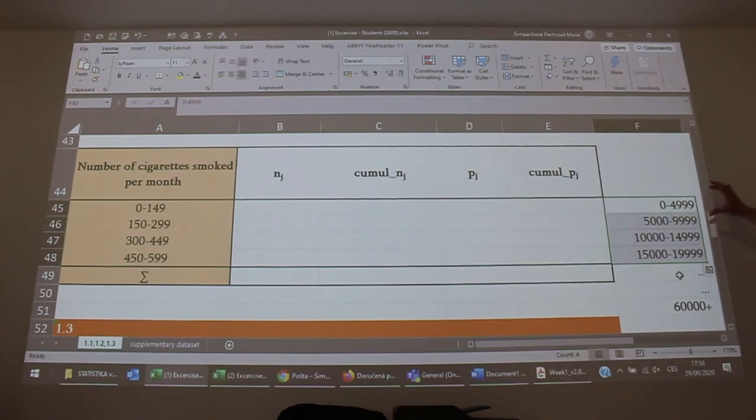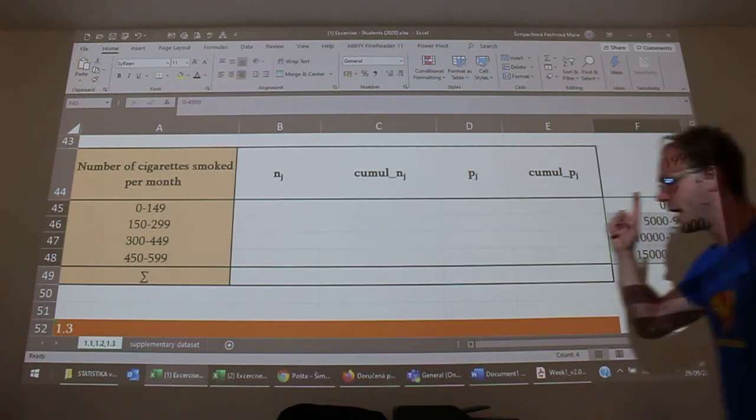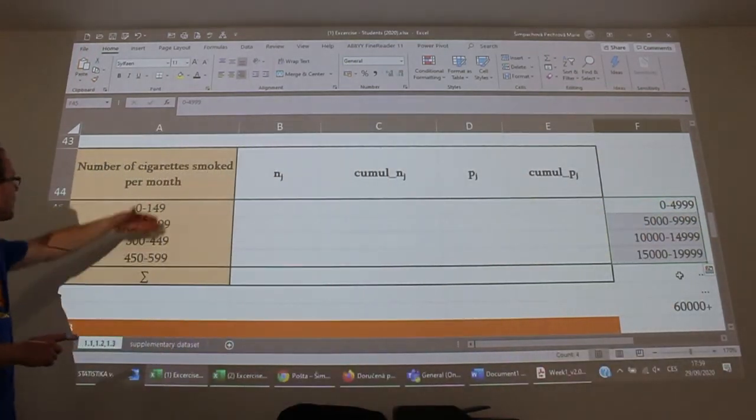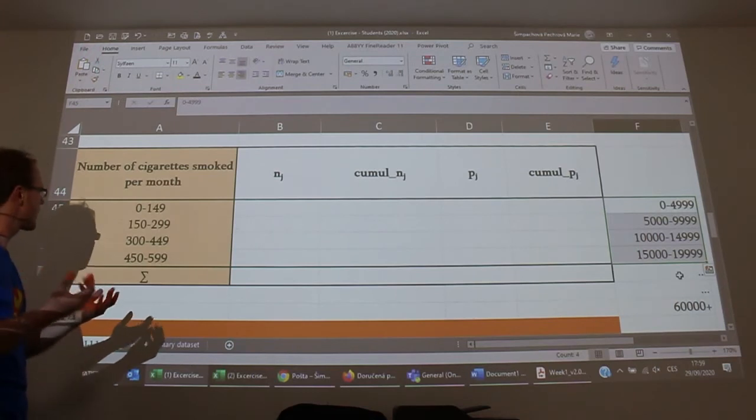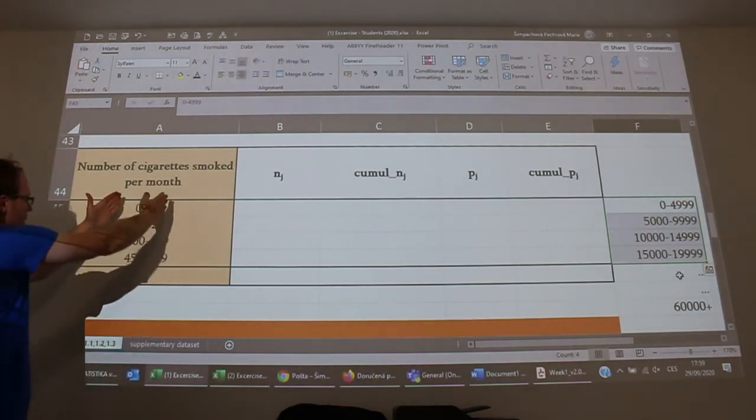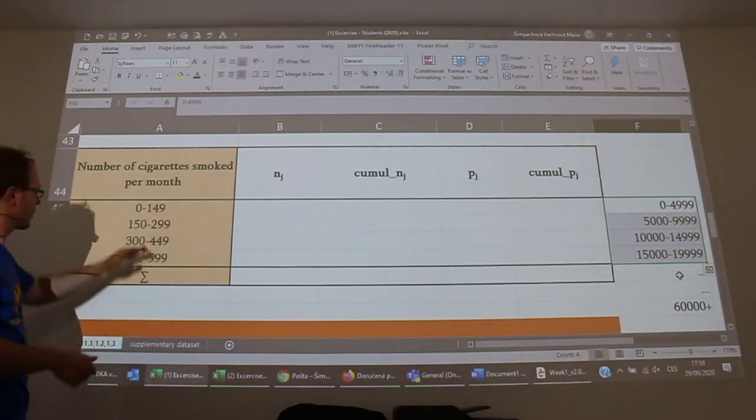Can you see these intervals? The length is the same, 5,000 Czech crowns, from 0 to 4,999. All intervals must have the same length, with only one exception, the last one, which can be open. And everybody, all prisoners, all statistical units from your sample, must be present in one of these intervals.